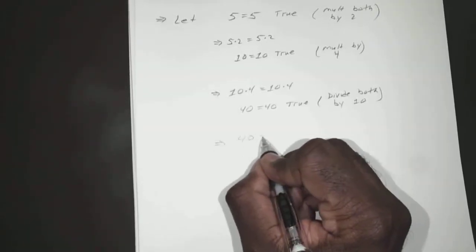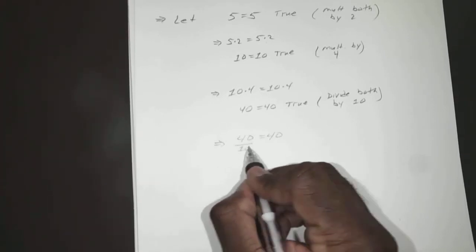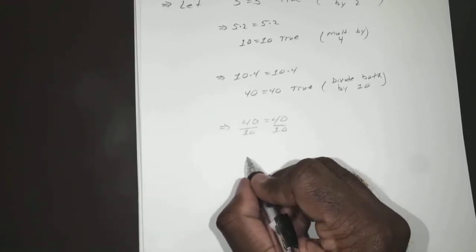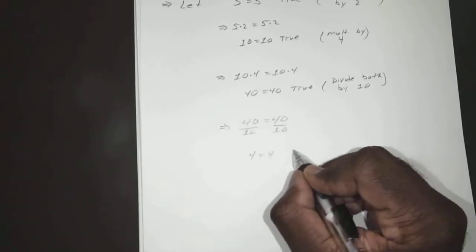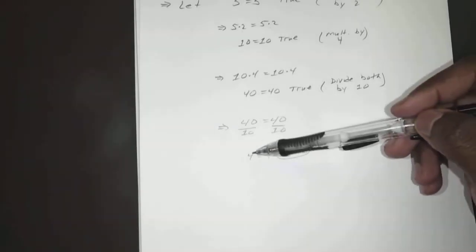Okay, so you have 40 equals 40. Going to divide this side by 10 and this side by 10. So that leaves us with 4 equals 4, which again is true. Now, if we did something to one side and not the other, then that's when you'll finally run across an expression that's not true. So if we did the left side by 2 and the right side by 3, or just the left side by 7, it would just all mess up.